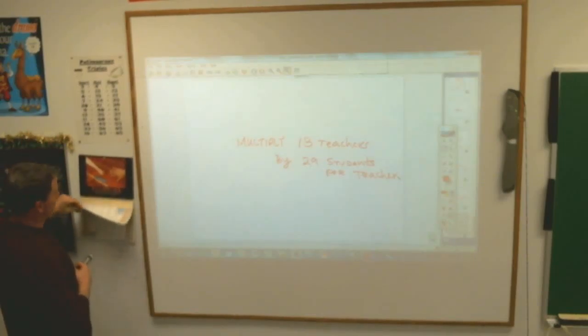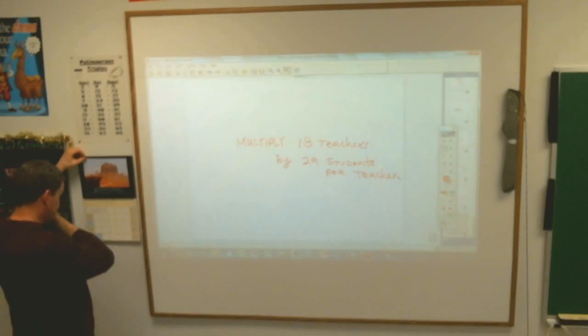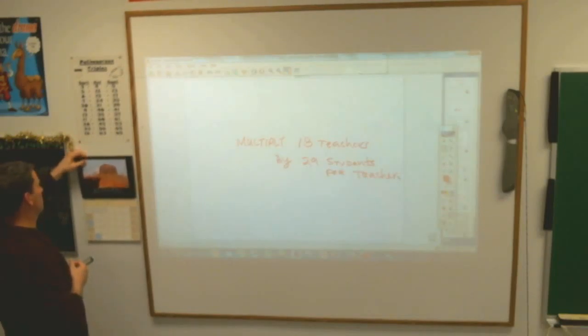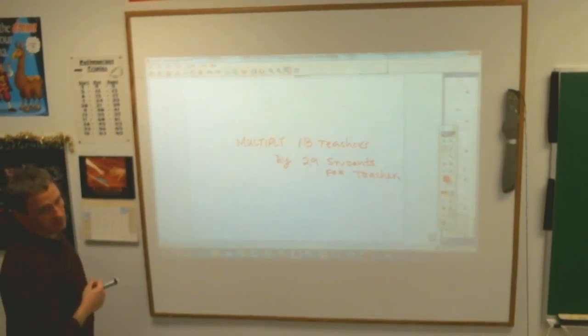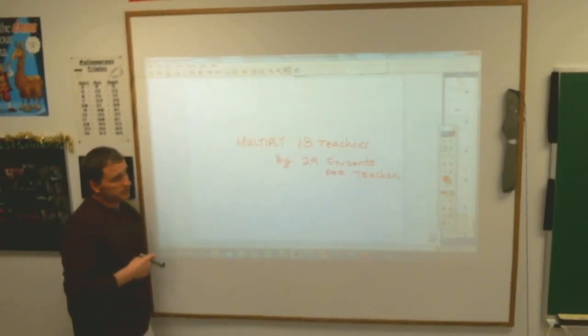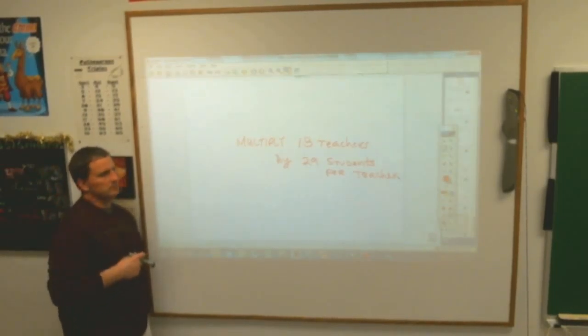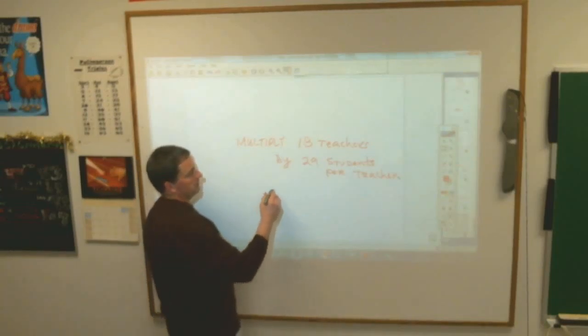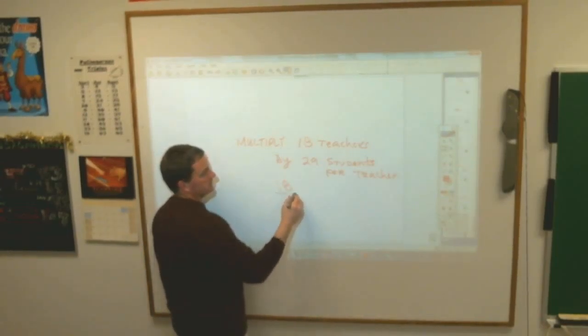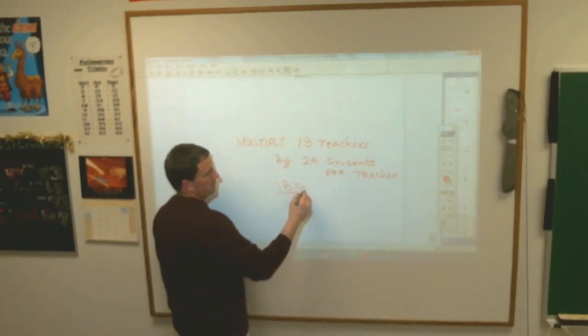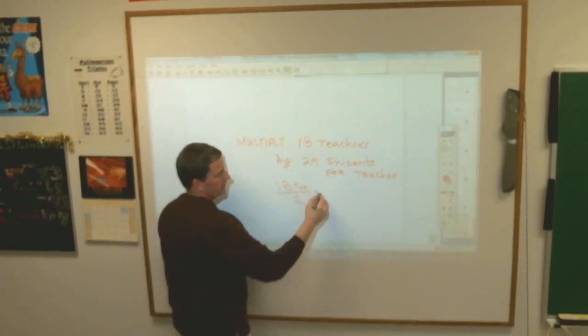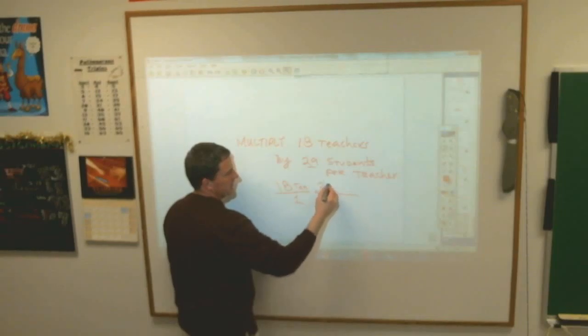Logan is telling me 522. Well, let's check and see how. 18 teachers over 1. And I'm multiplying that by 29 students per teacher.